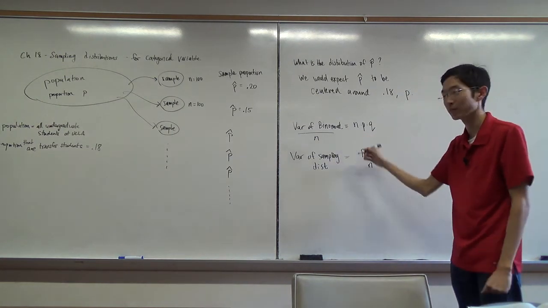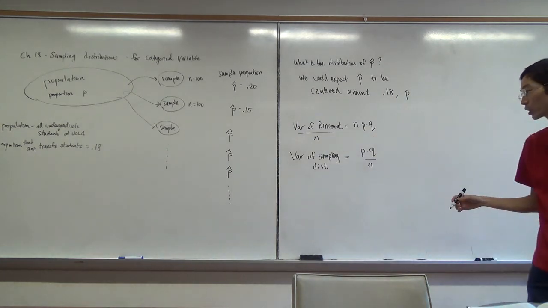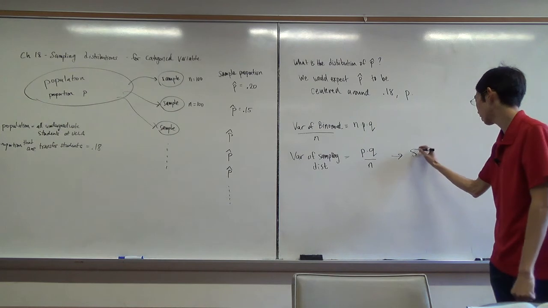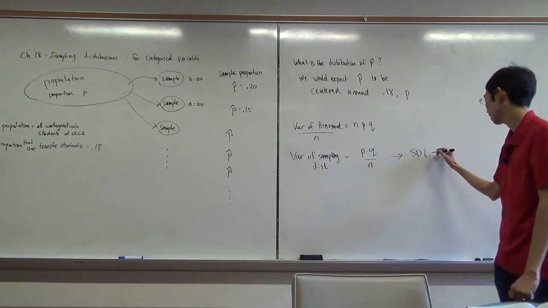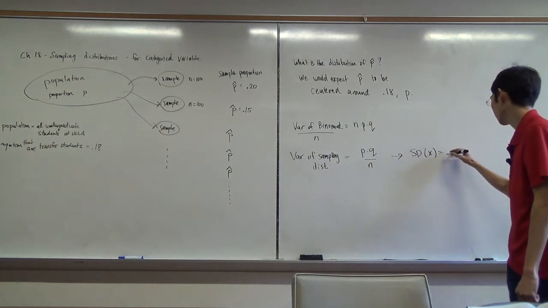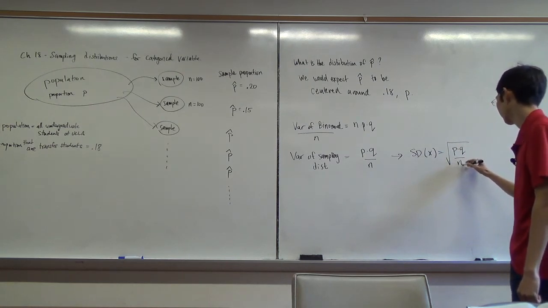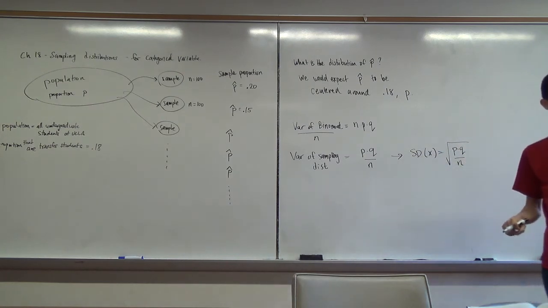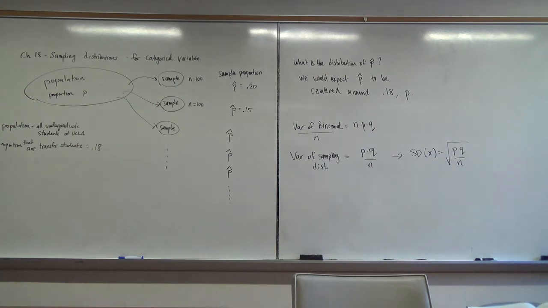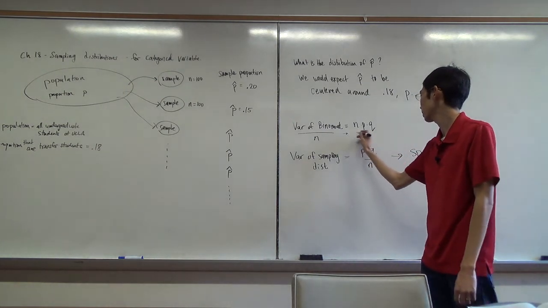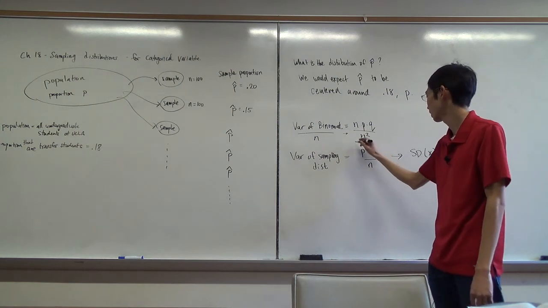The variance of the sampling distribution is this, and the standard deviation will then be the square root of p times q over n.